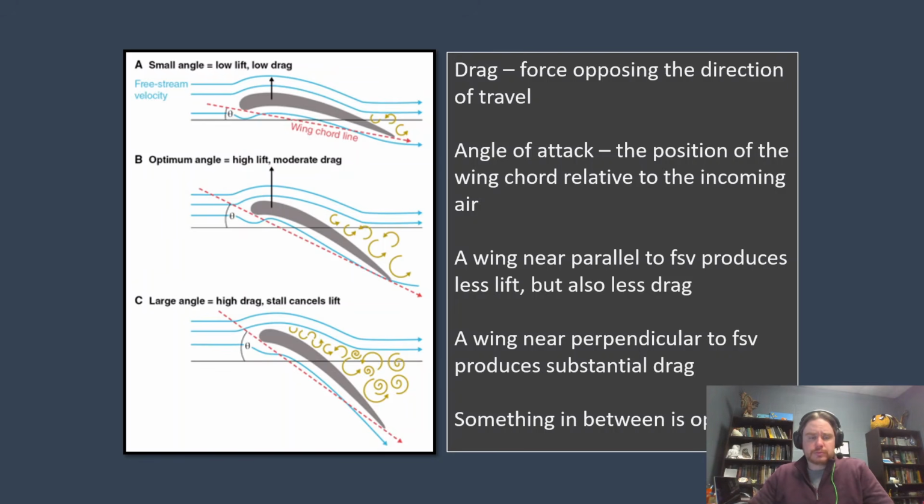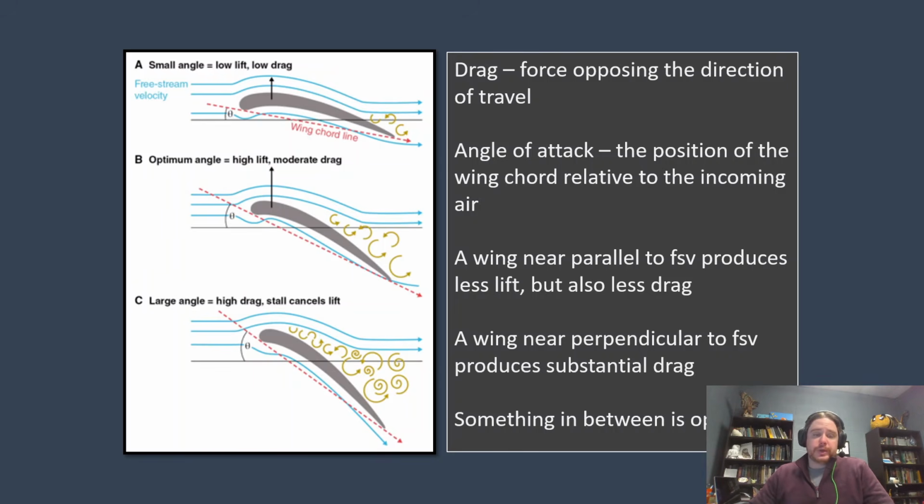So again, here, when the wing chord is more or less in line with free stream velocity, we don't have very much drag, and that's a good thing because you have to fight against that drag to move in the direction you want to move. But it also doesn't generate as much lift as it would if you tilt it.